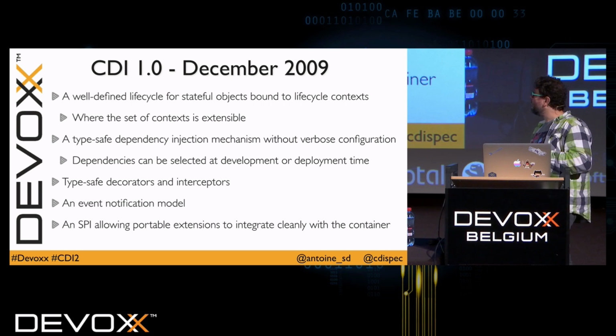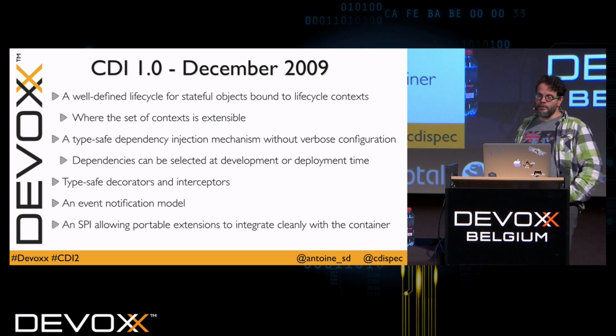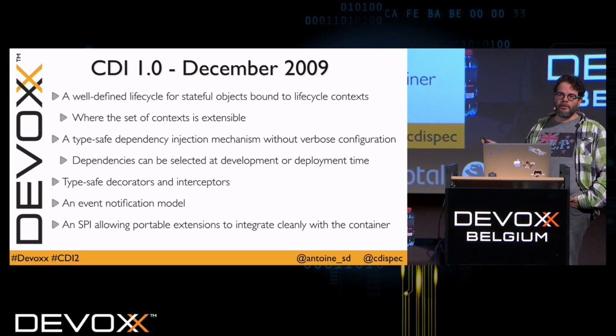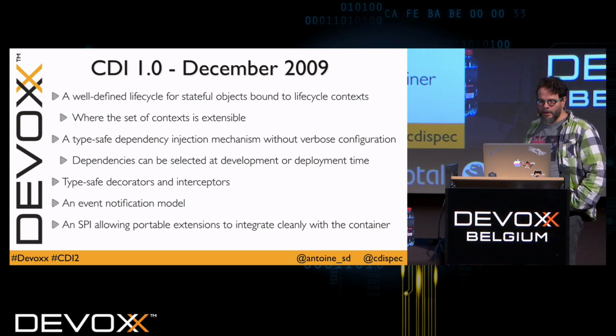To go fast through the features, as I said, we have lifecycle for objects. We can add new contexts, so new lifecycles for the objects. All the dependency injection features are type safe, so it's only based on types. You can select the component at development time or at runtime.